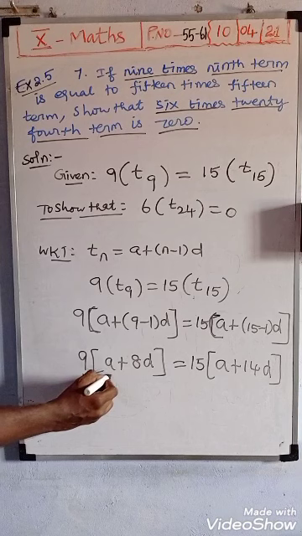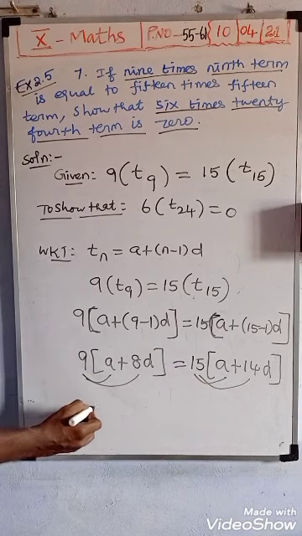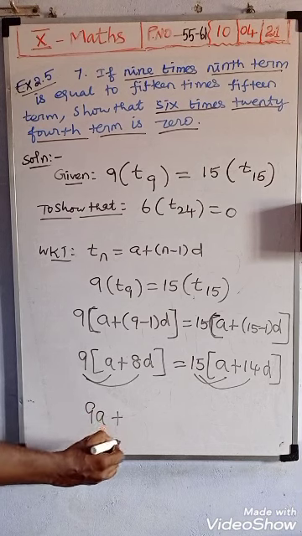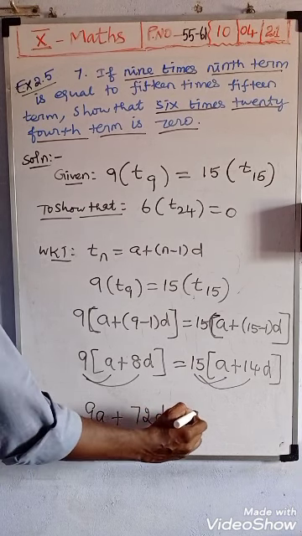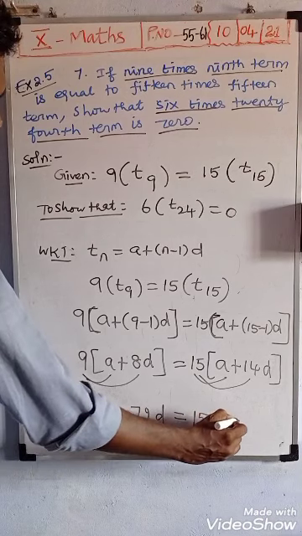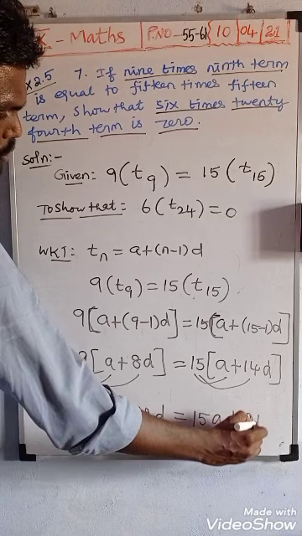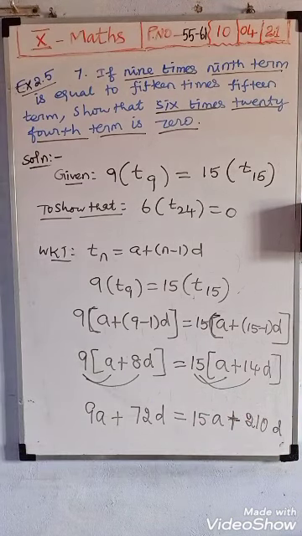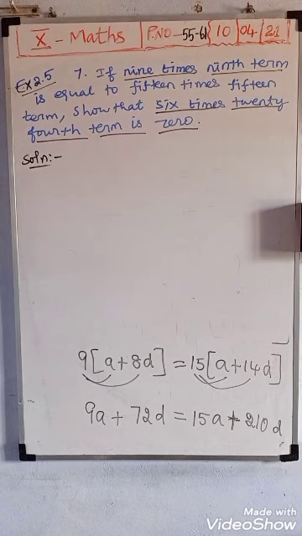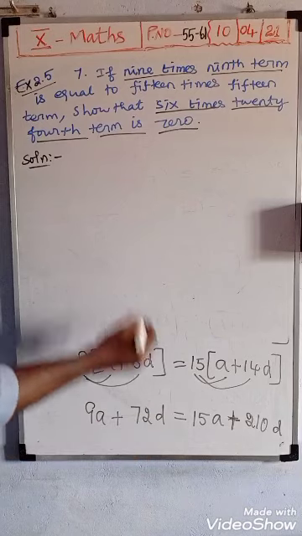Now 9 is common for both terms, and 15 is common for both terms. So multiply: 9a plus 9 eights are 72d is equal to 15a plus 15 fourteens are 210d. Next step: a terms on one side, d terms on the other.